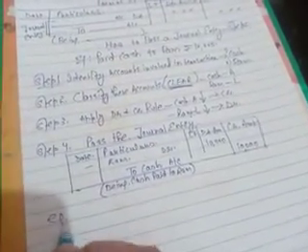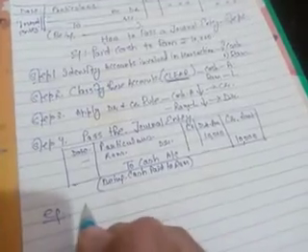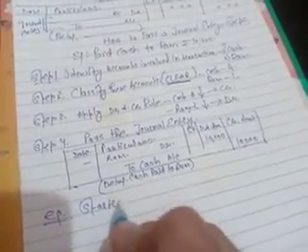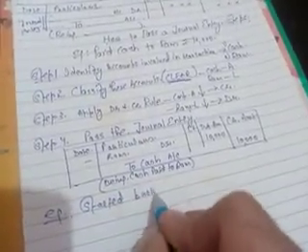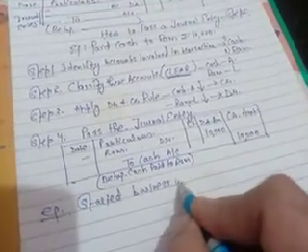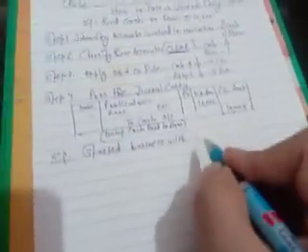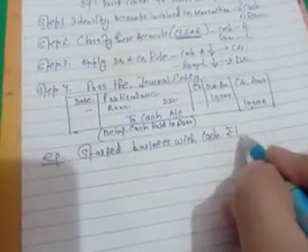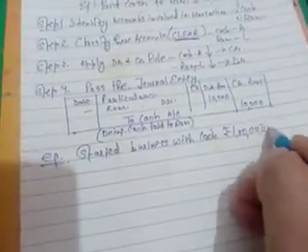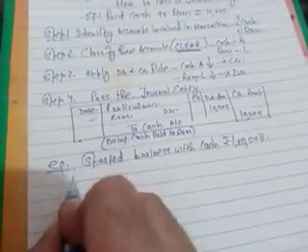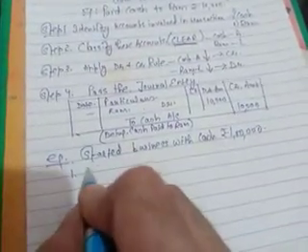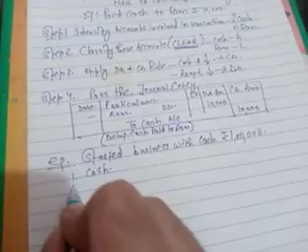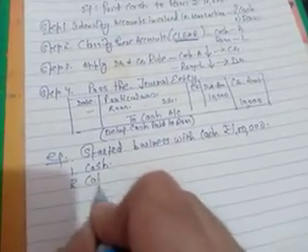Let's take another example. Started business with cash rupees 1 lakh. Now applying the steps. First step was identify the accounts involved. The accounts involved are cash and capital.